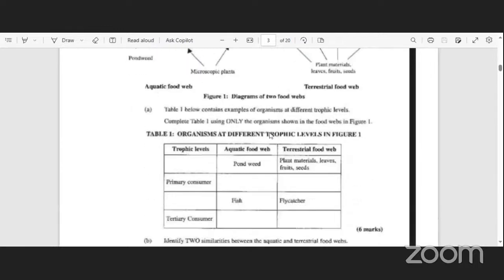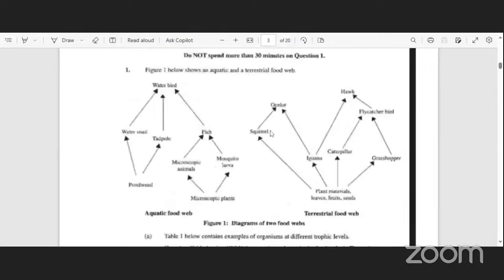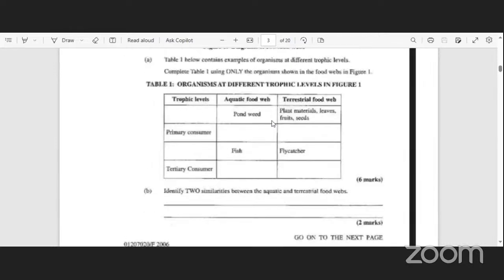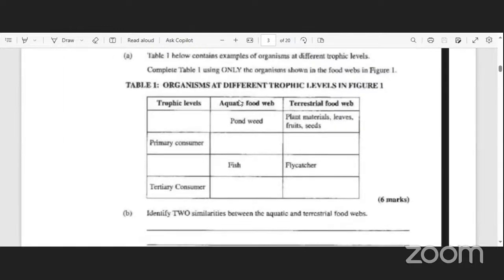So what we're going to do now, the figure above requires us to fill out a table. First thing first, we have different columns in the table: trophic levels, aquatic food web, and terrestrial food web.